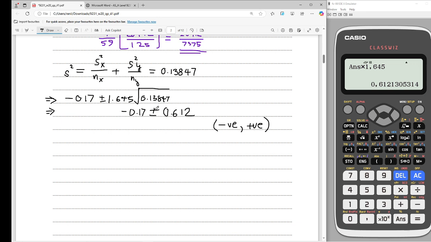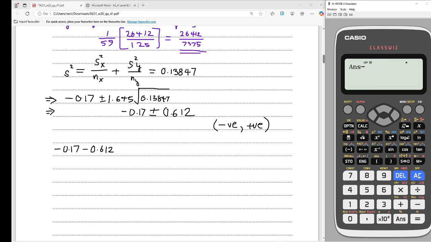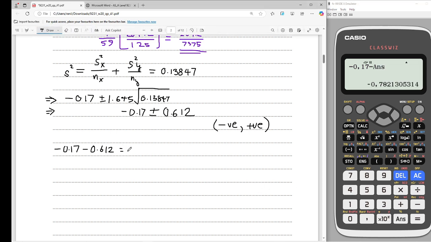Then when you use the plus sign, you will get the next value, which is going to be the second value in your bracket. So when you do it with minus, you get negative 0.17 minus 0.612, and you can plug this into the calculator, which is equal to negative 0.782.